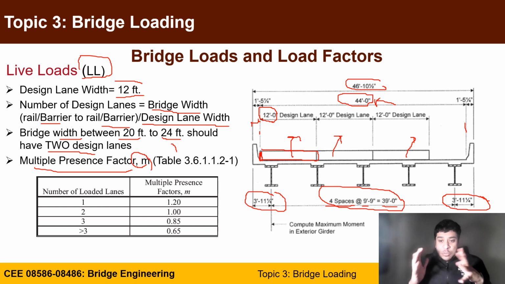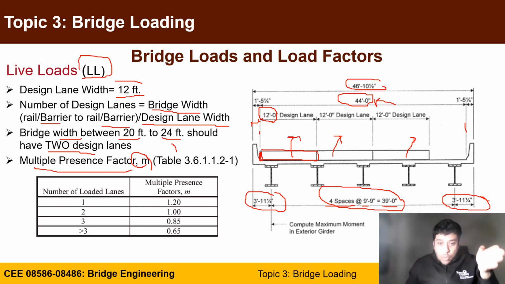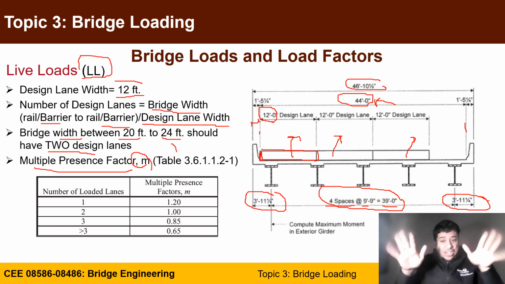You may have different types of trucks, but the design truck is only occupying one lane and not the other lanes. You may have two design trucks side by side in the same longitudinal location at the same time. You may have three design trucks in the same longitudinal location at the same time. So it's probability.